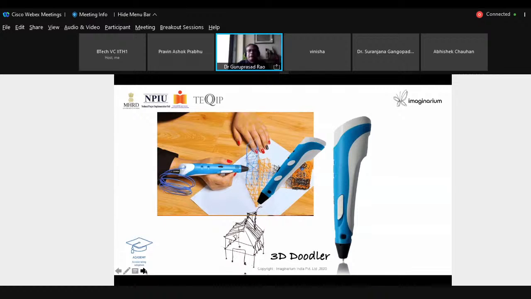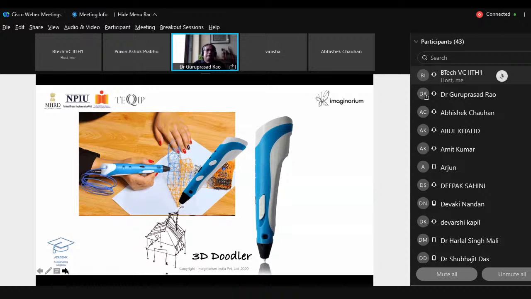This is analogous to your FDM. The filament goes on the top, it comes out, and there is a hot tip, where it melts and becomes paste-like, and you can deposit. That's how it works. So can we call this a 3D printer?